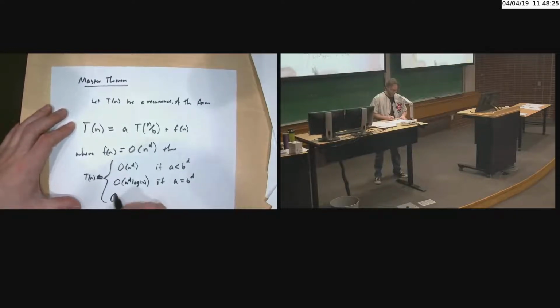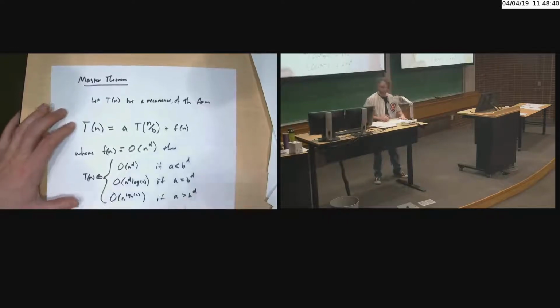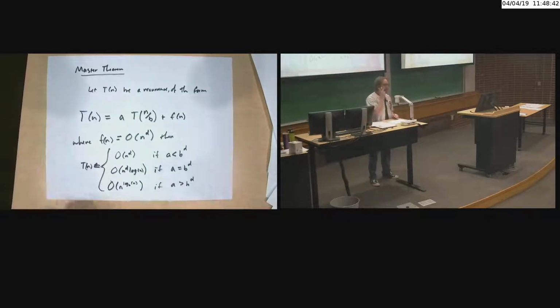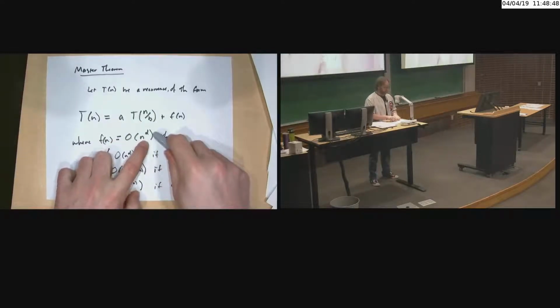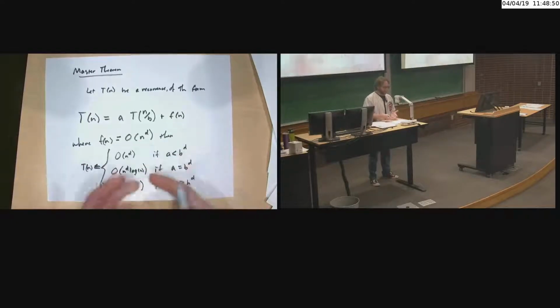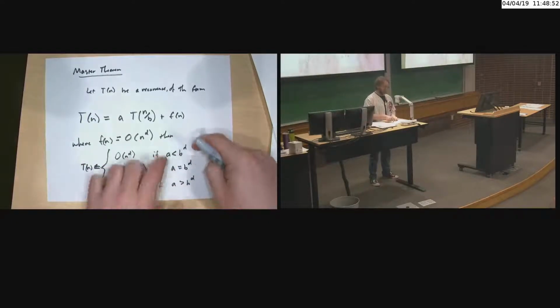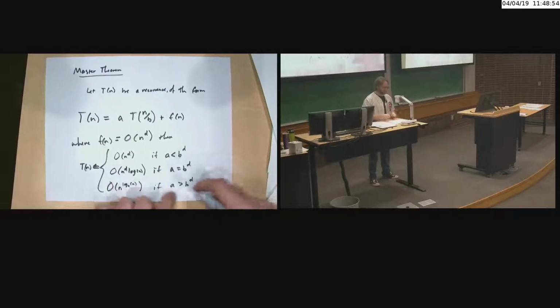And it's going to be order of n to the, okay, I'm not going to bother trying to remember, log base b of a if a is strictly greater than b to the d. Right? So in other words, you've simply got to plug and chug here. All you need to do is identify a, b, and d, and then compare a versus b to the d, and it's either strictly less, or equal, or greater than.